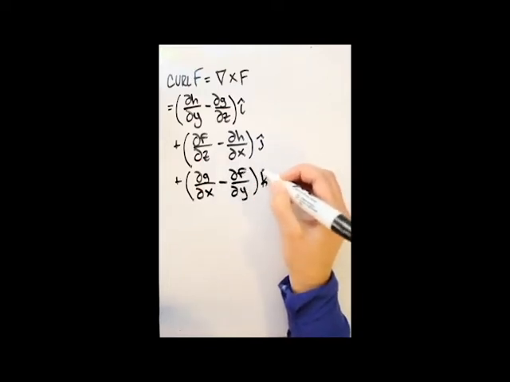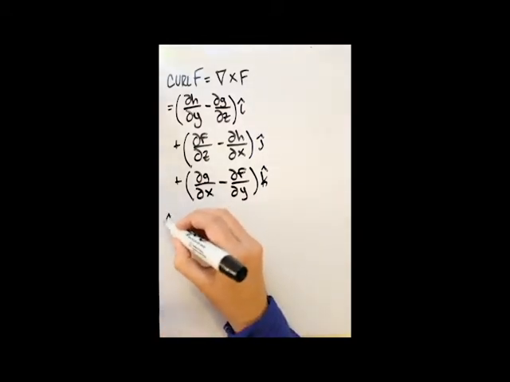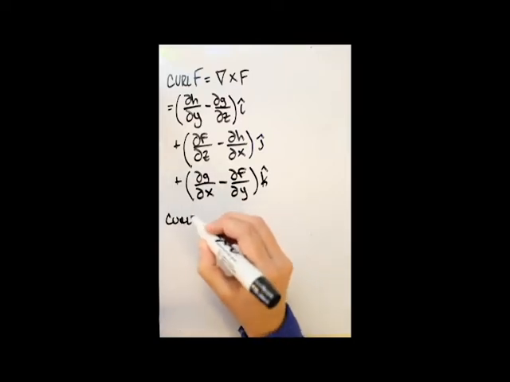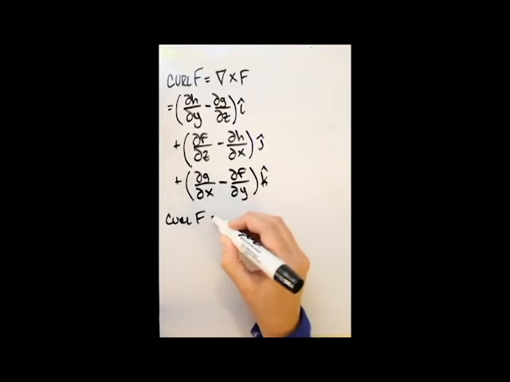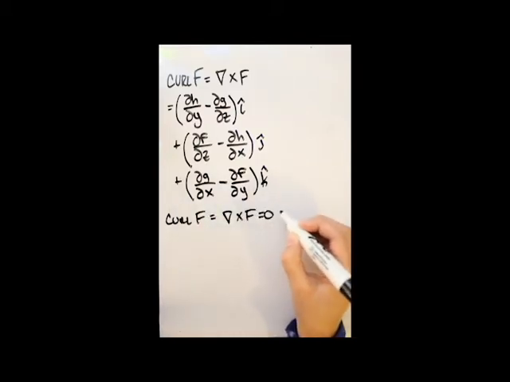And that's our k component. Okay, so this is our definition for curl in R3. So if the curl of f is 0, then this means that f is irrotational or conservative. So we'll say irrotational.